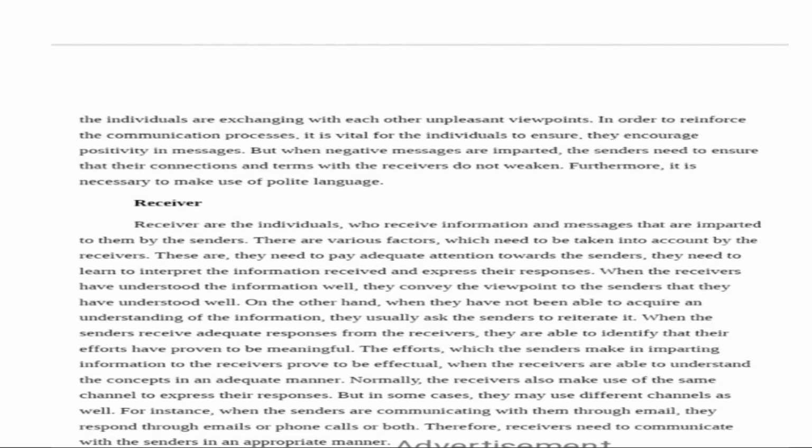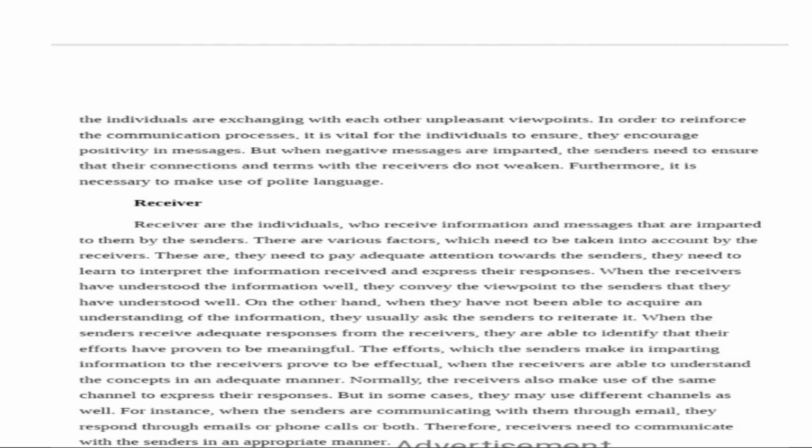So, when the receiver receives any message or information, he should try to interpret that information, and they should convey their viewpoints to the senders that they have understood well the message sent by them. On the other hand, when they have not been able to acquire an understanding of the information, they usually ask the senders to reiterate it.